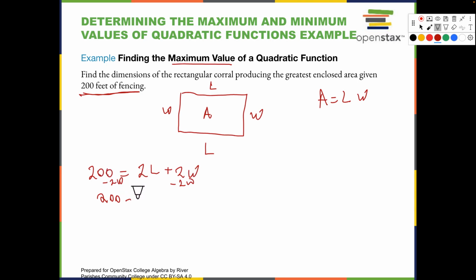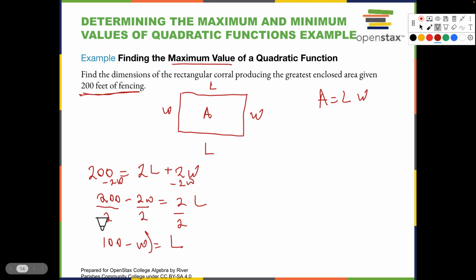So we get 200 minus 2W equals 2L. And then we can divide each side by 2, dividing each of the terms by 2. So we get 100 minus W equals L.